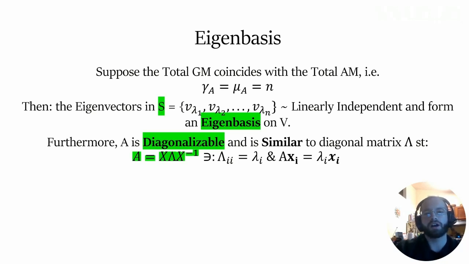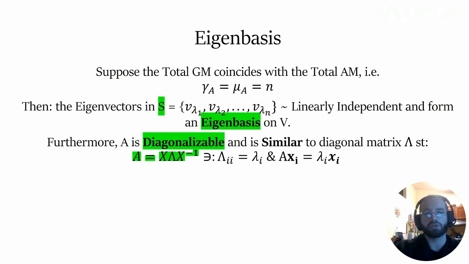And because there are n of those eigenvectors, we know that this is a maximal set in the vector space V. The eigenspace E is a subspace of V, but they have the same dimension, and this is linearly independent. Therefore, this set of eigenvectors forms a basis. It's referred to as the eigenbasis on that vector space V.